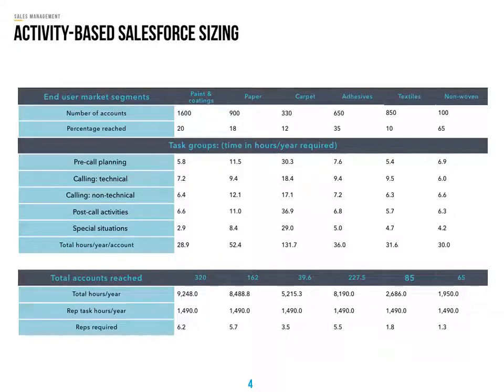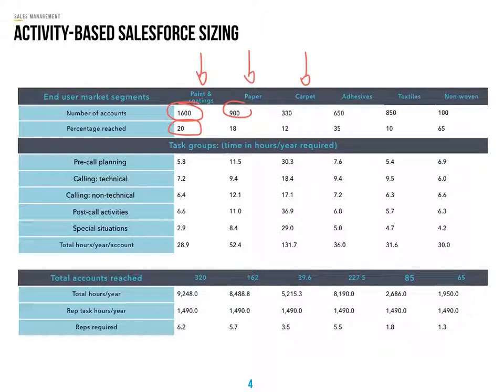Okay, this is the activity-based sales force sizing, and here we see a very simple example in which we have a company selling to different segments of customers, where you have a specific number of accounts. For instance, paint and coating, 1,600 accounts, but you may only want to physically visit 20%.